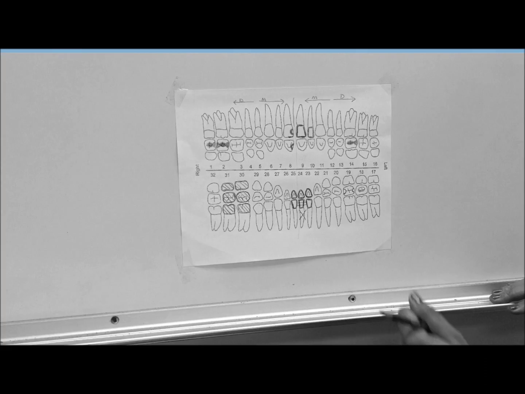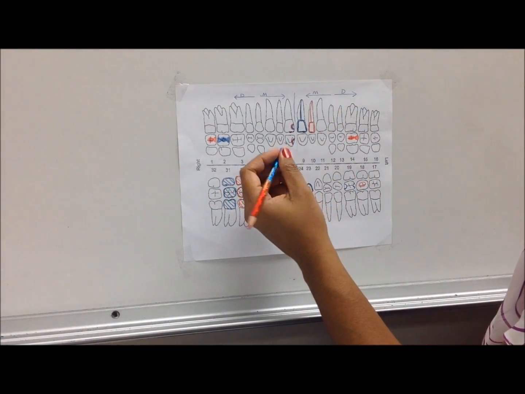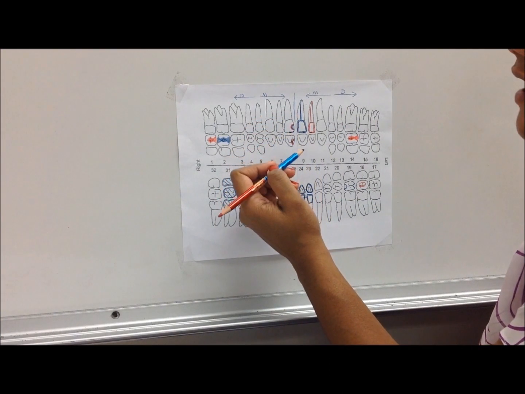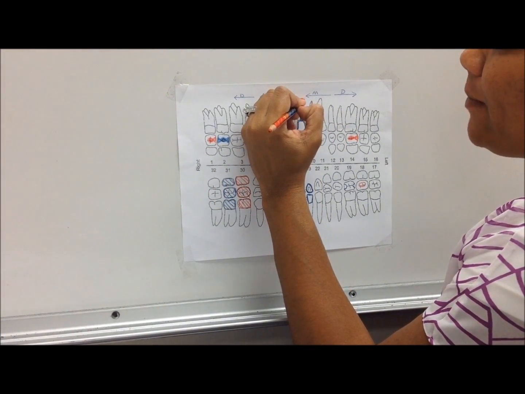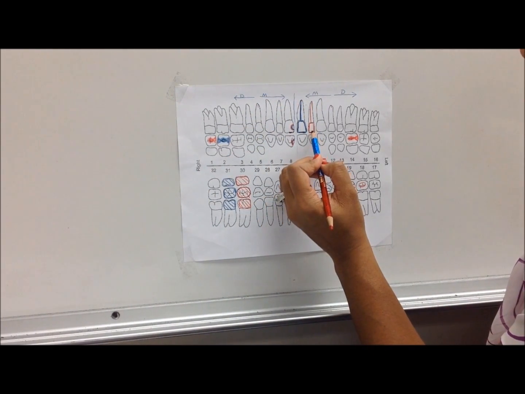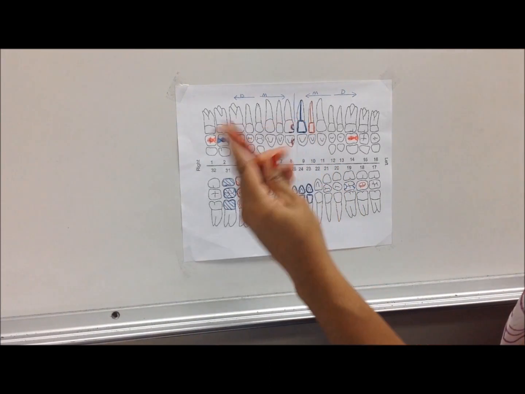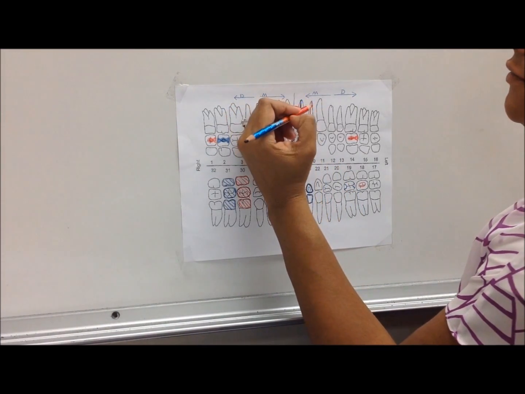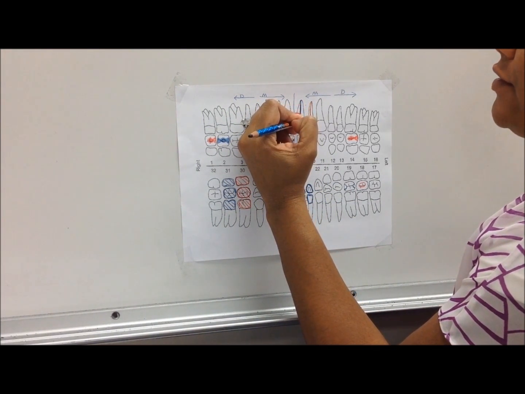Just like that. Okay, on number 9, we want to use a root canal on tooth number 9. The patient has an existing root canal. So all you have to do is just put a blue line down the center of that pulp. And when you look at number 10, the patient needs a bonded veneer, but they also need a root canal. And so use your red pencil and just put a straight line down the center of the pulp of the root.